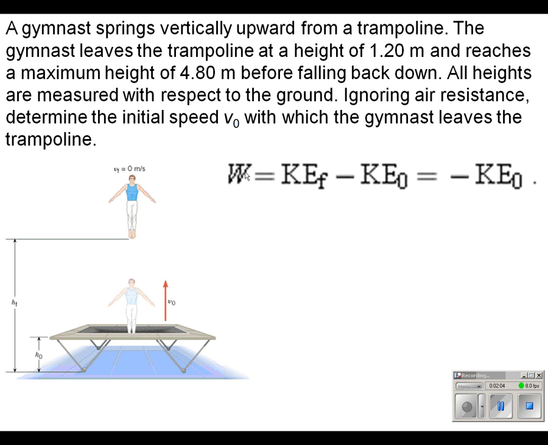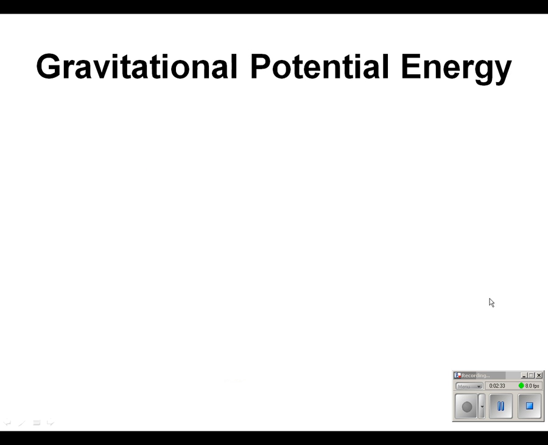So we're going to look at this idea that work equals a change in kinetic energy. And since the person stops up here at the top, the final kinetic energy is 0. So the work is equal to negative kinetic energy. Now this is work done by the force of gravity. So the work done by gravity is mg, that's the force, times h0 minus hf, that's the change in the height, and that'll equal negative 1/2 m v0 squared.